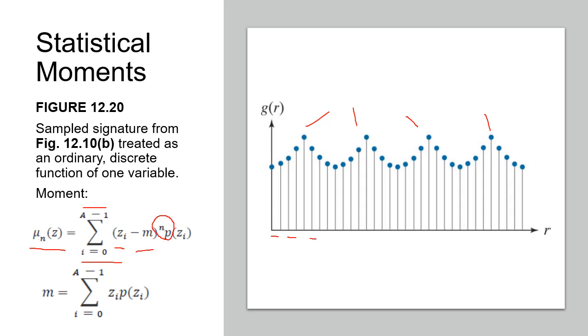This is the order of the moment. So if it is order 2, then n is equal to 2, and then multiplied by p(zi), which is the probability. So if we, let's say, normalize the area to become 1, then of course p is directly substitutable into the equation.